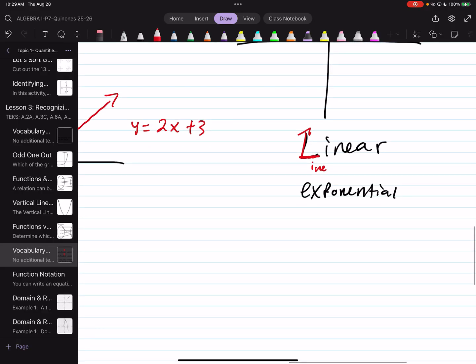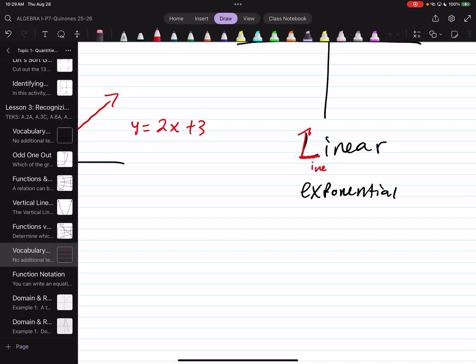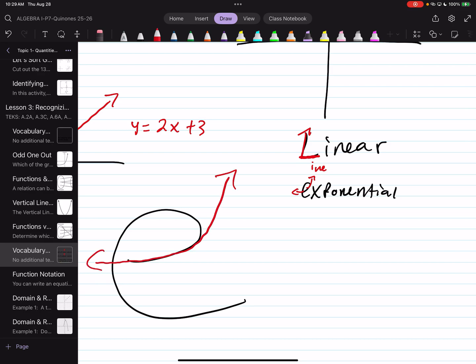Now exponential, I think of it like this. You see how the E is curved? If I were to draw a bigger E going like this, that's how I remember it is an exponential function.